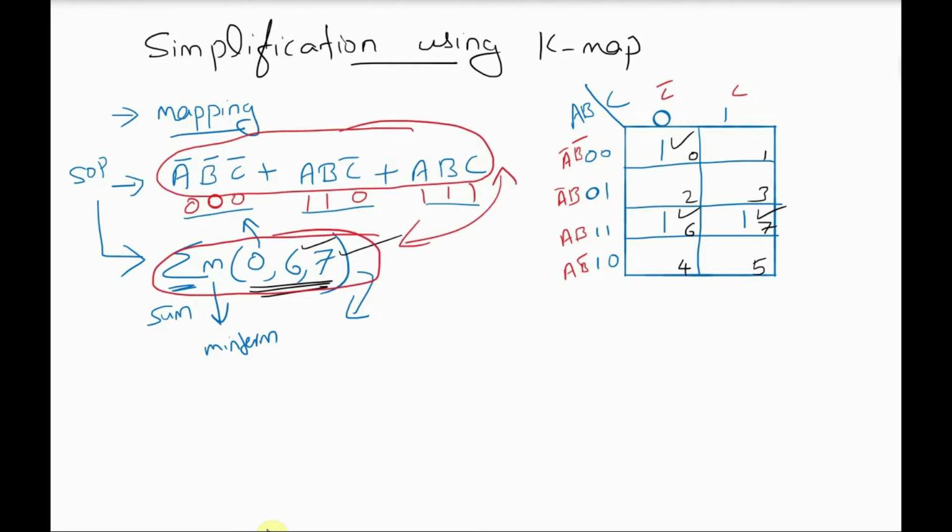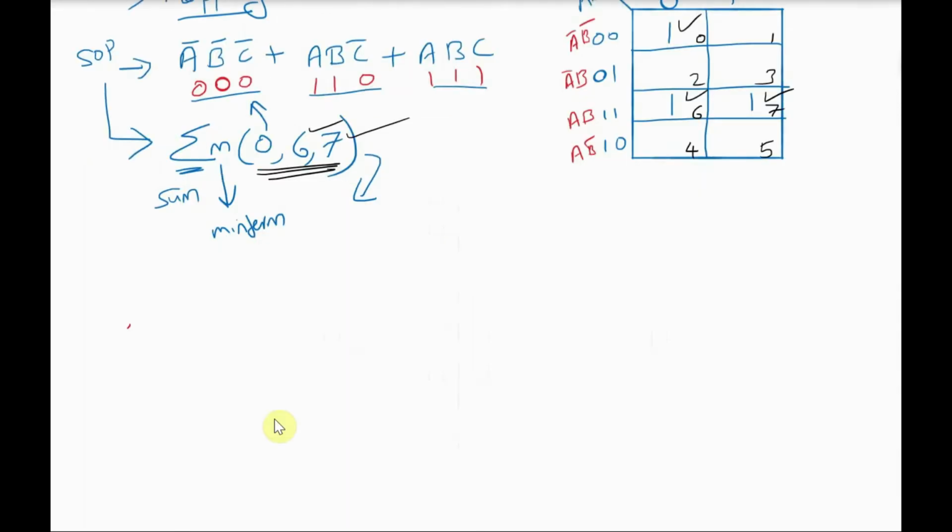We will see another example, that is sigma m of 0, 1, 7, 8, 11, 14. Here 14 is a decimal number and the corresponding binary number is 1110. The largest number is 14.